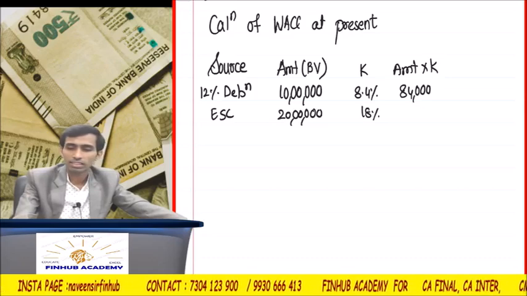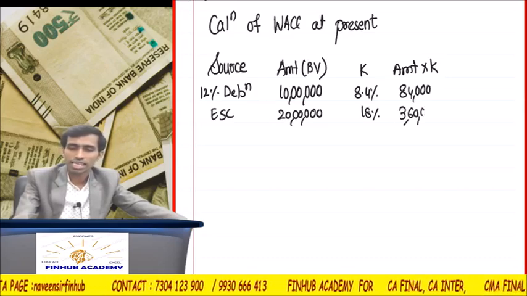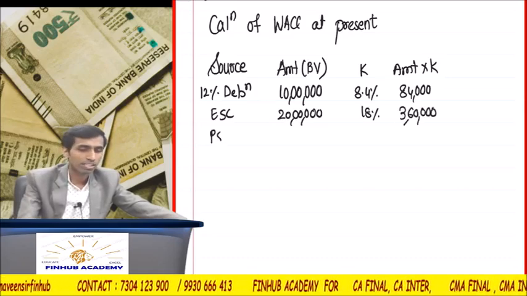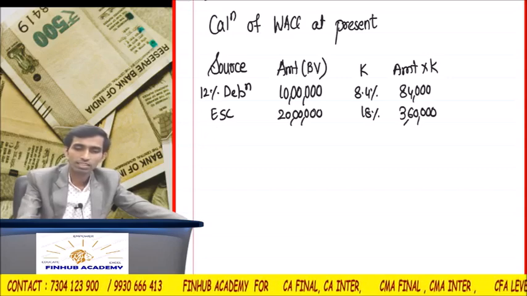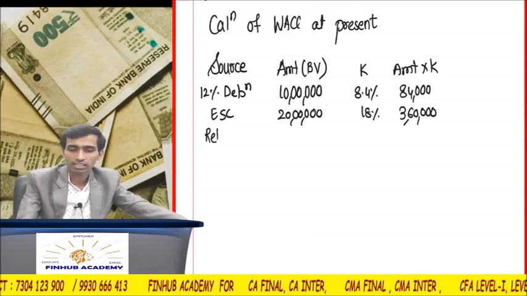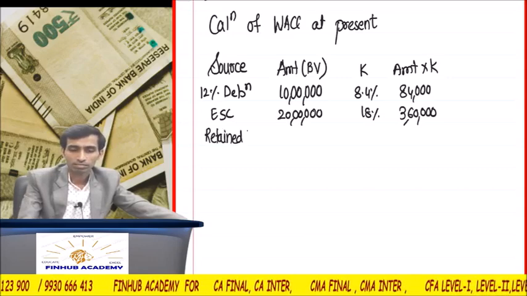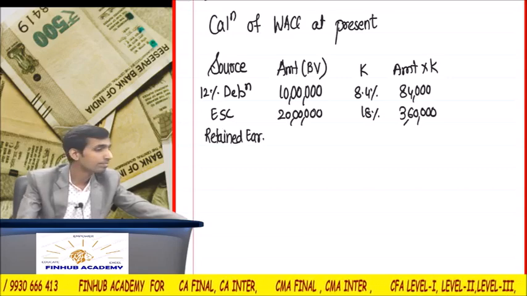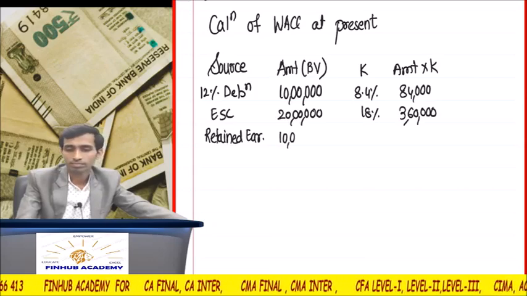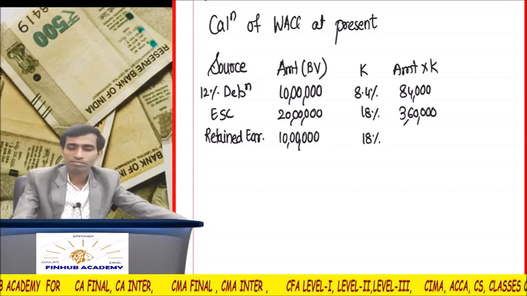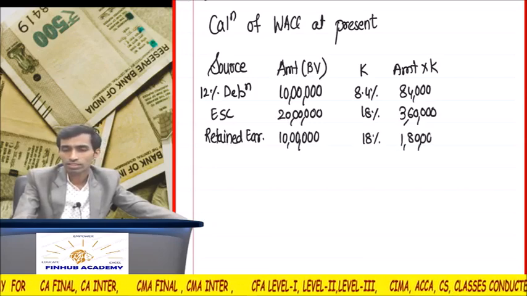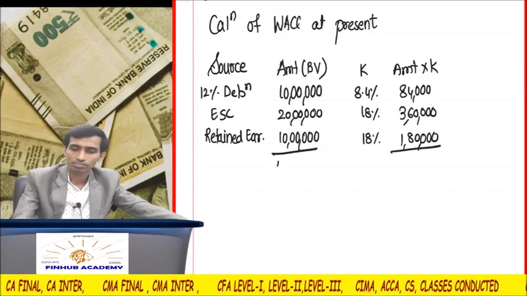So it will be 3 lakhs 60,000. Preference share capital is also there? No, preference is not there. Retained earnings is there. Yes. How much is it? 10 lakhs. What will be the rate? 18%, same. So 1,80,000.